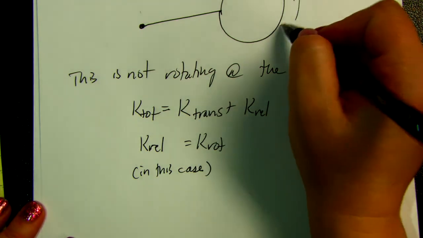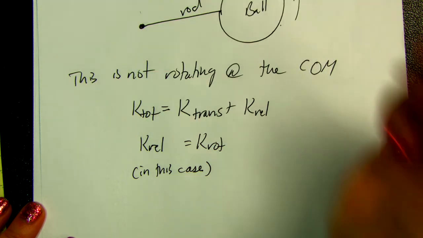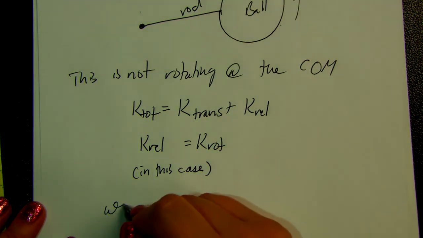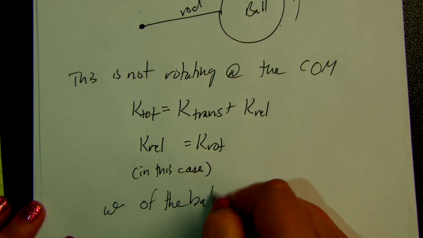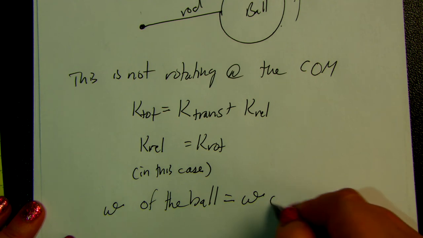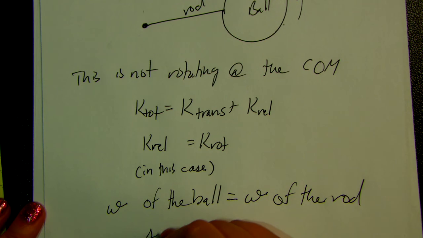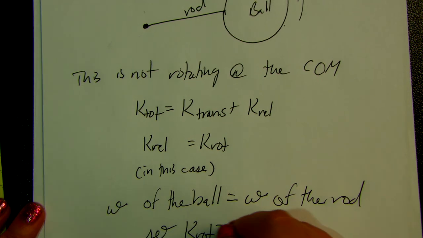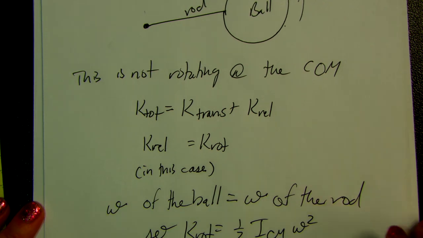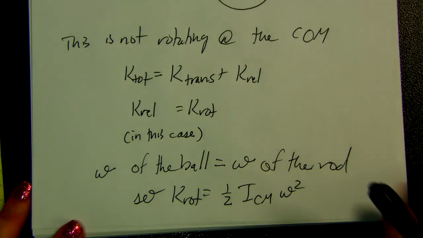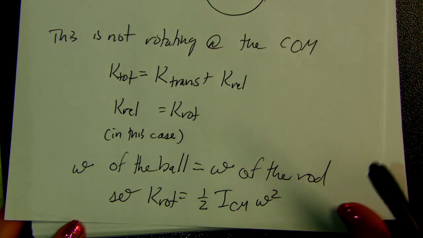So we have a ball, a rod. The angular speed of the ball will equal the angular speed of the rod. So K rotational will be equal to 1/2 ICM omega squared. And the question is, what about K translational? Because the center of mass is moving.